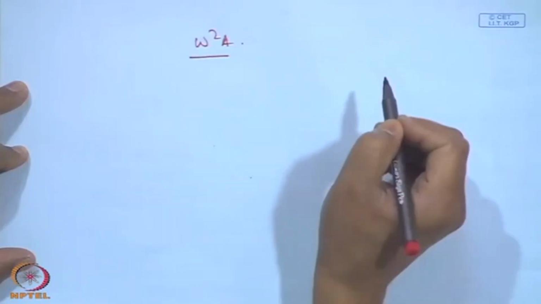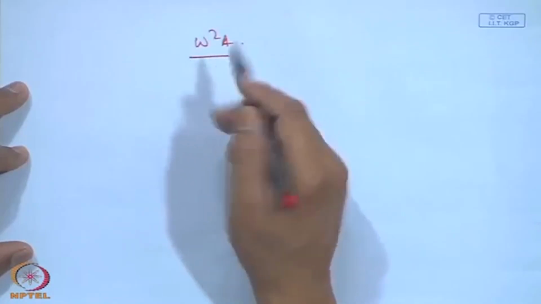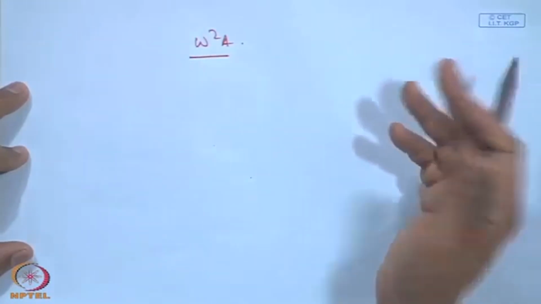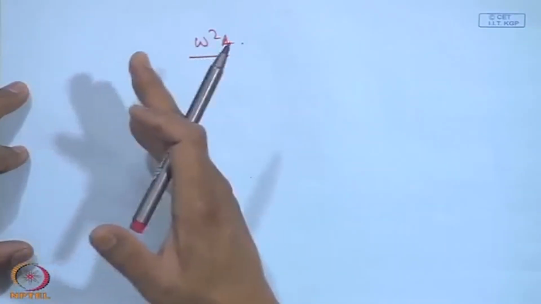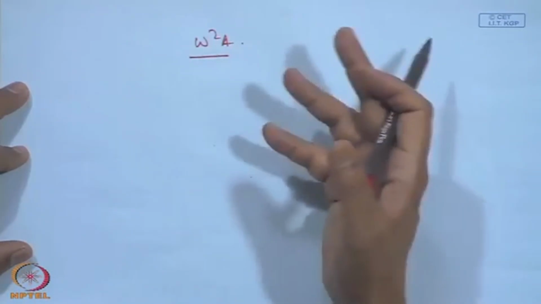Once I have the acceleration, I can divide it by omega to get velocity and divide it by omega square to get displacement. So, this covers the entire frequency range from 0 or as close to 0 to about 5,000 to 10,000 hertz, which is not possible with the LVDT or the dial indicator we just discussed.